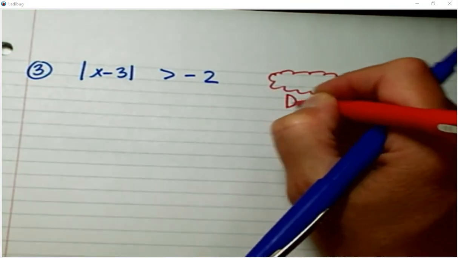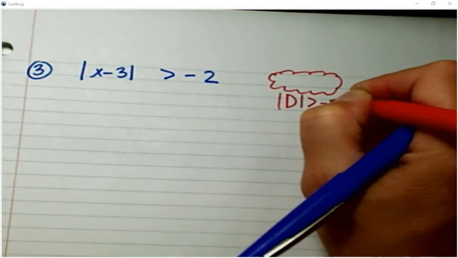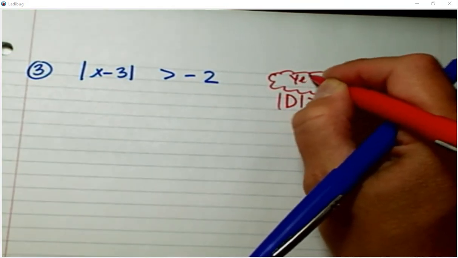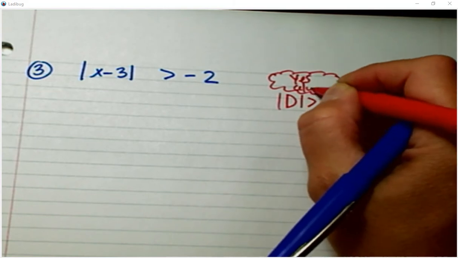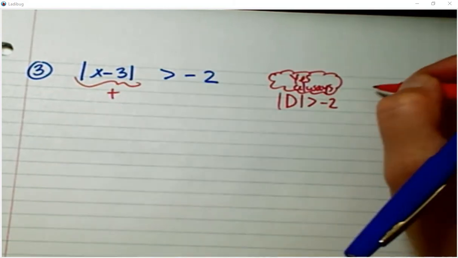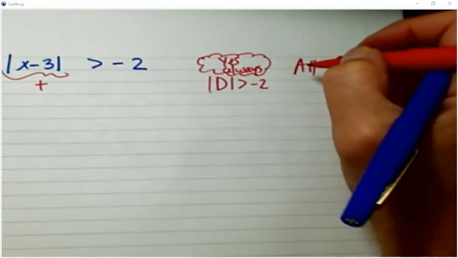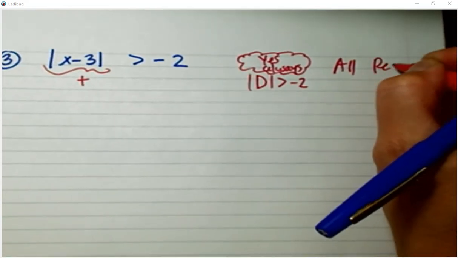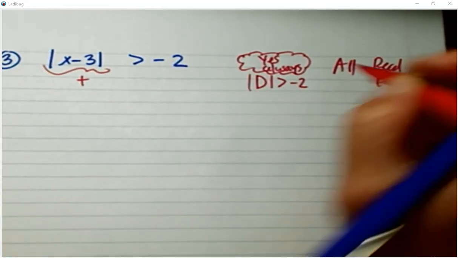Can distance be greater? Yes, always, because this is going to be a positive. So this is an example that comes out to be all real numbers.